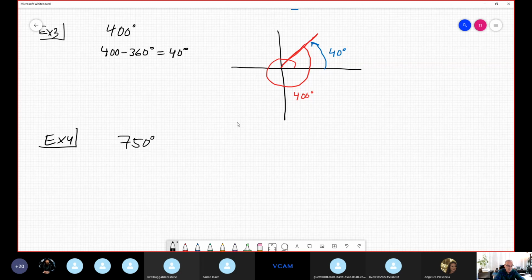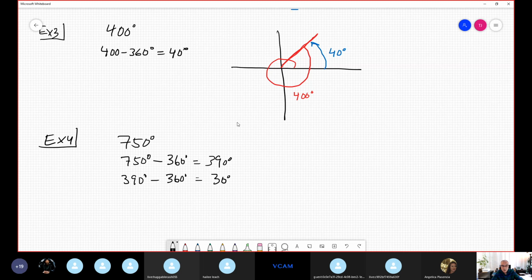You subtract 360 from 750 using my calculator. 750 minus 360 is 390 degrees, and 390 degrees is bigger than 360. So I continue subtracting 360 several times, and the answer is 30 degrees.